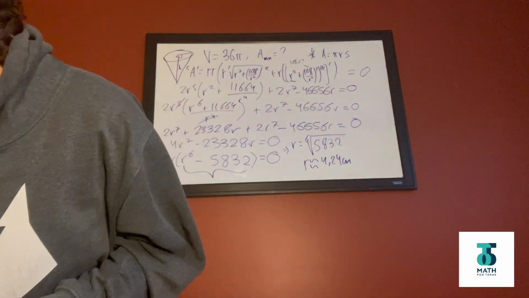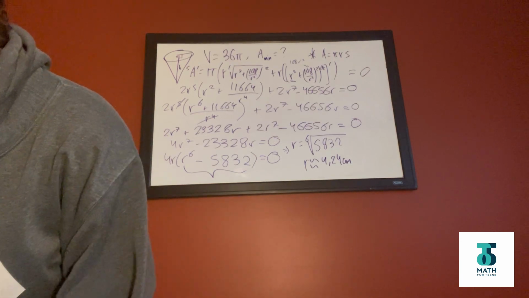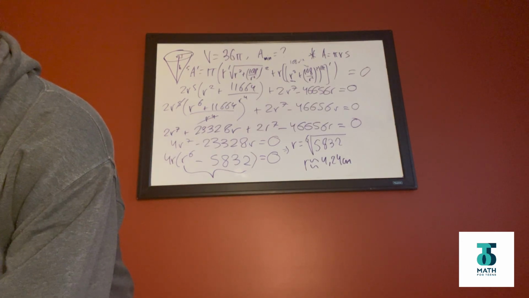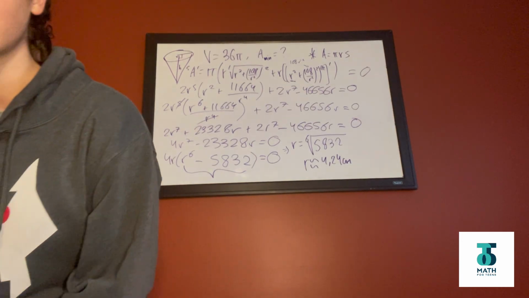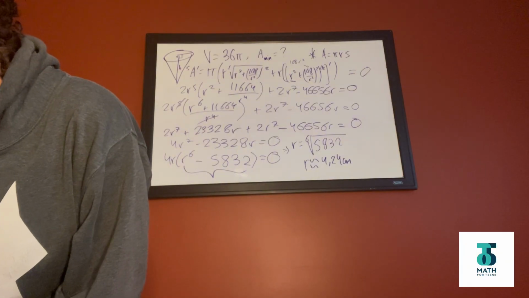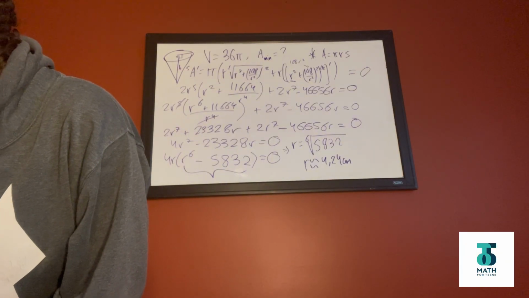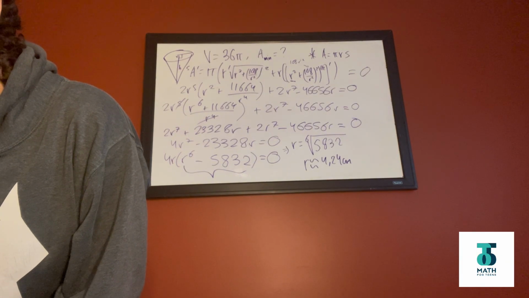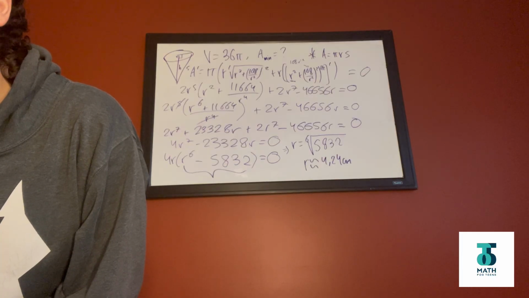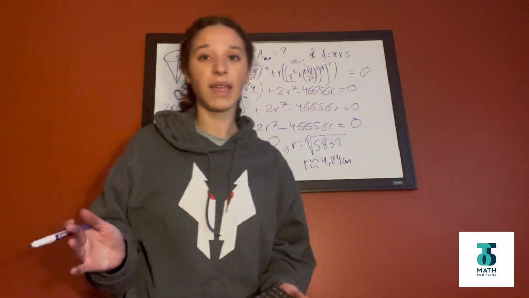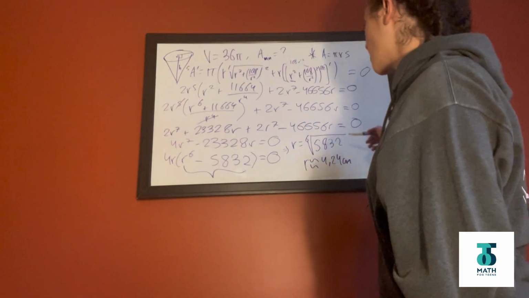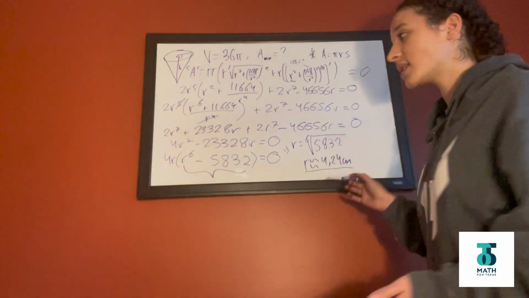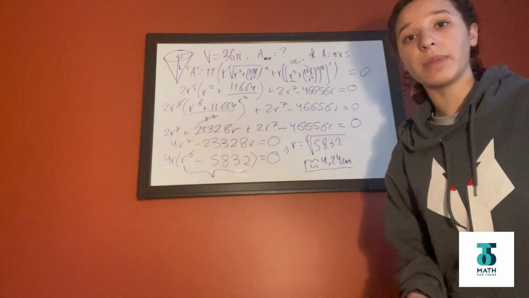What did the question want us to find? It wanted us to find the dimensions that minimize the quantity of fabric or whatever that's used to make the cone. The dimensions we were considering were radius and of course h. So this is r. Is it a maximum or a minimum?